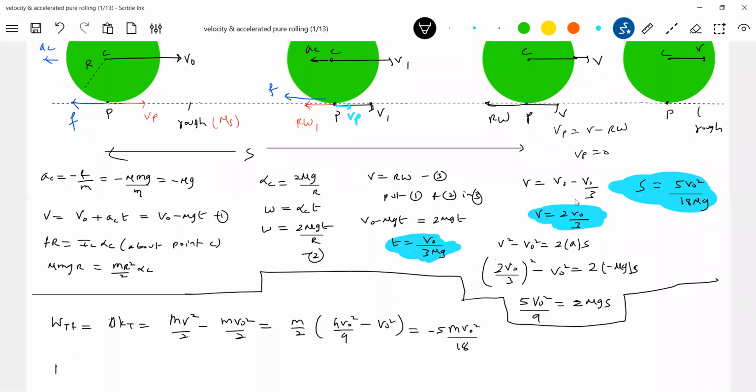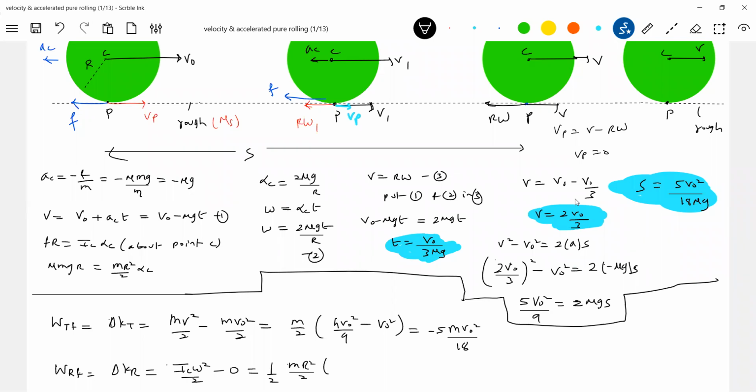What about the rotational work by the friction? Final kinetic energy of this one is I omega square by 2. It's a disk, no? So m r square by 2, half into omega.